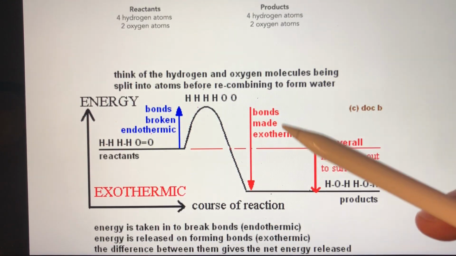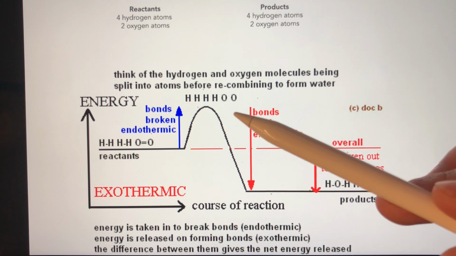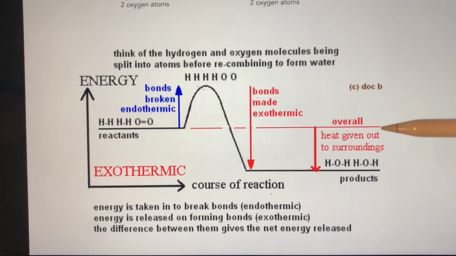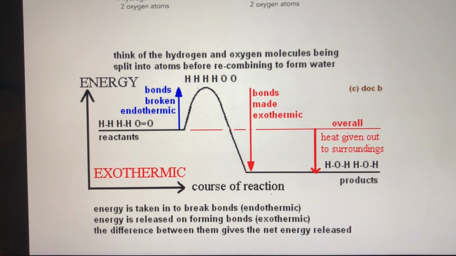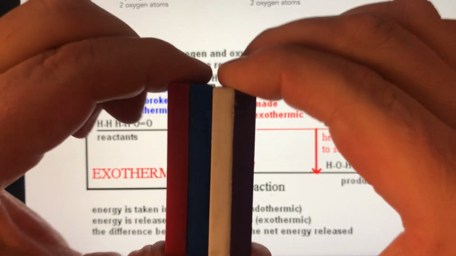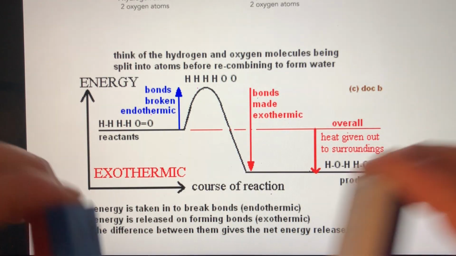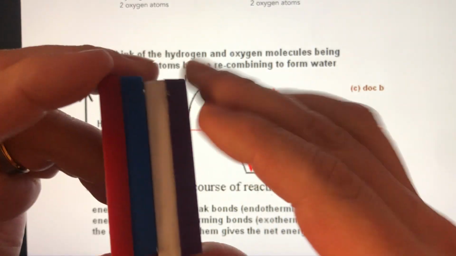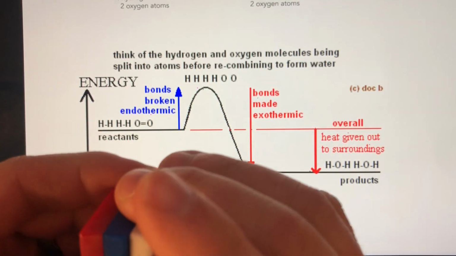And in this circumstance, the formation of the products has a greater effect, so it's going to be releasing energy and making the surroundings warmer. So just remember, when bonds are forming, they release energy, and when they break, they're absorbing energy from the surroundings, making the surroundings cooler, while the ones that are forming are putting energy into the surroundings, making them feel warmer.